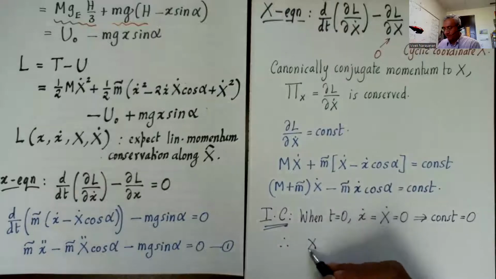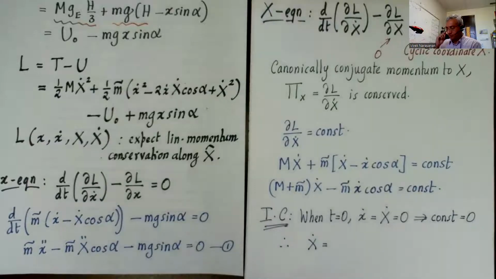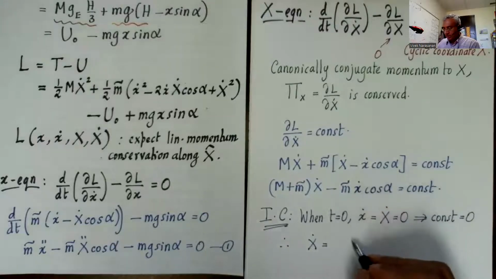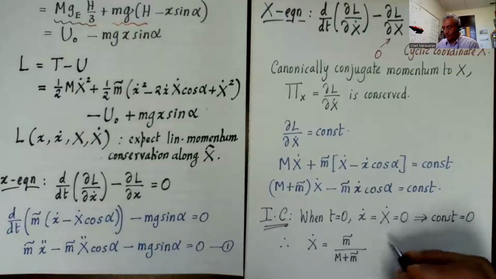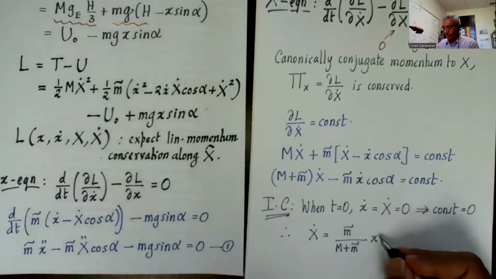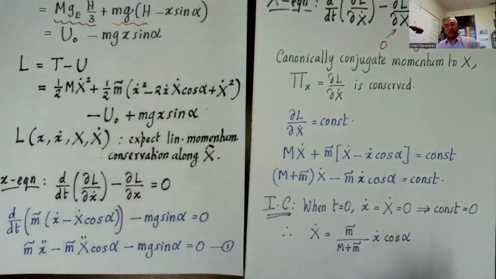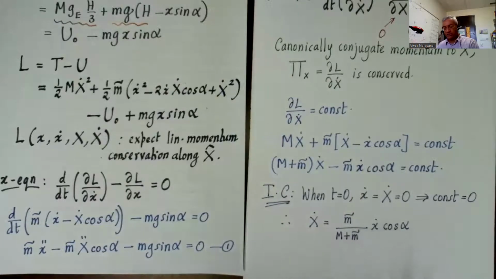I have X dot is equal to M tilde over M plus M tilde times little x dot cosine alpha. So this establishes a relationship between capital X dot and little x dot. So the velocities are related like that.